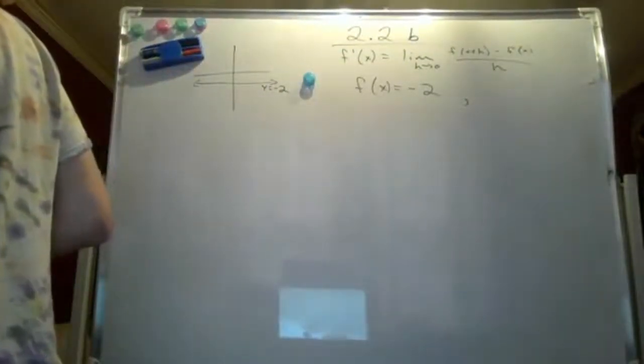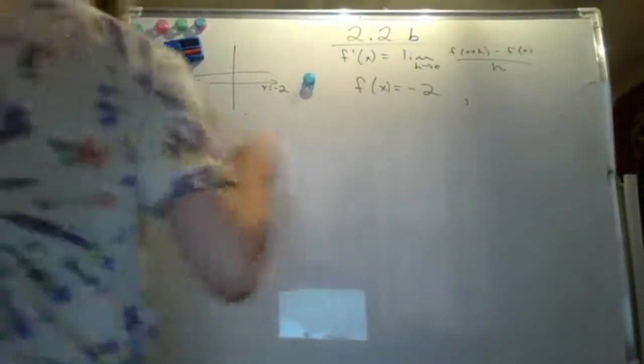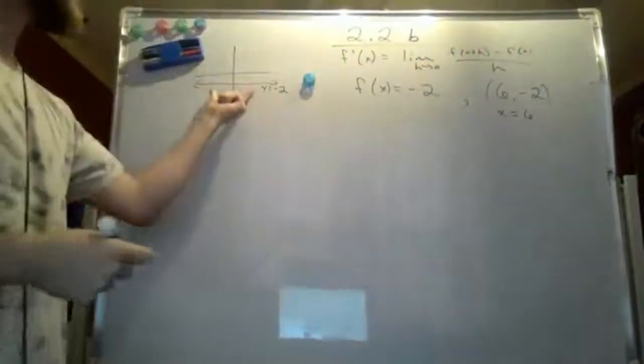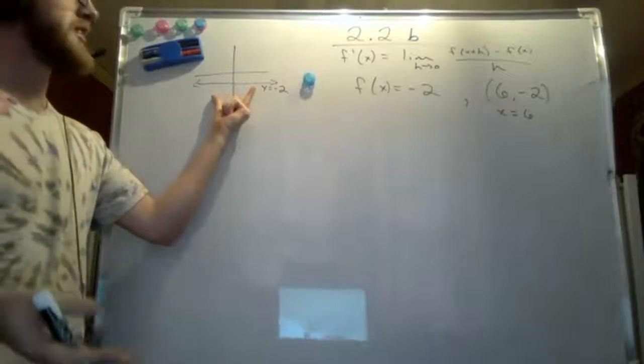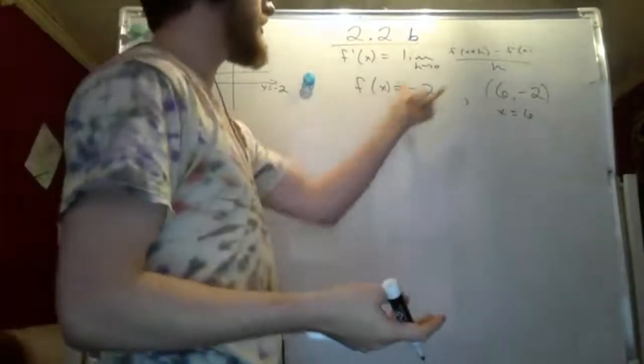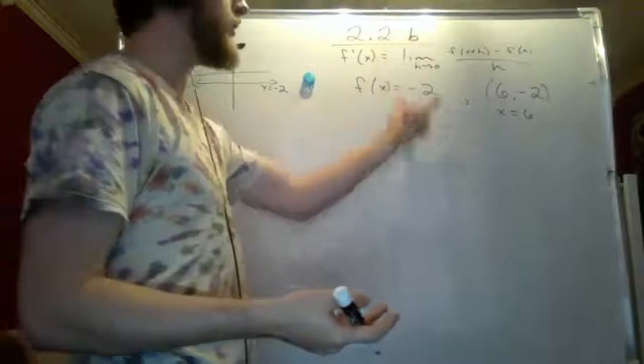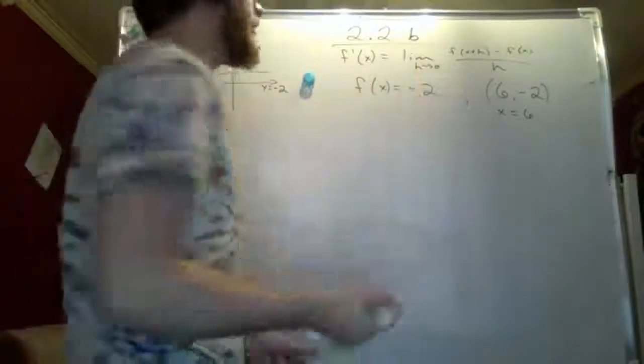And we want to know the slope at the point (6, -2). So we're looking at where x equals 6. Now, based on this picture alone, you may already know what the slope is, but for the sake of practice, we can go ahead and apply this definition to find the slope via arithmetic here.